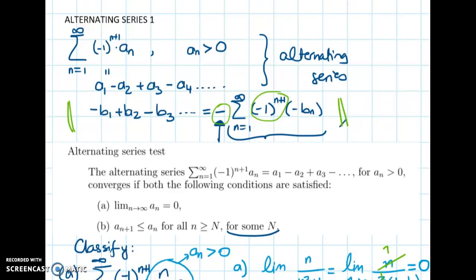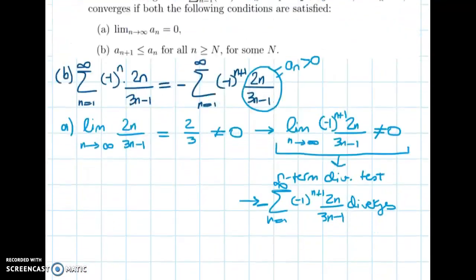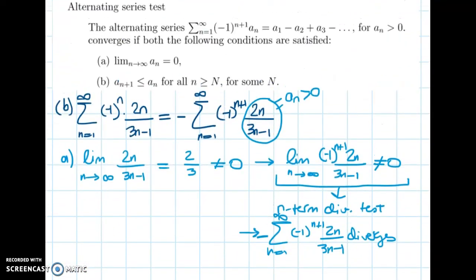So I'll be back to the original one, and I don't need to change the sign of the terms b_n. I wanted those terms b_n to stay positive, so I'm not changing anything there. It was just an extra negative sign that was not needed. And when we applied it later on, in the second example, we didn't have any extra negative sign, so there is nothing to correct there.